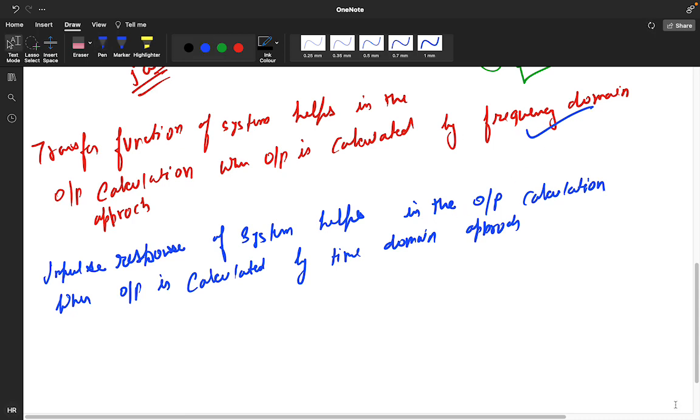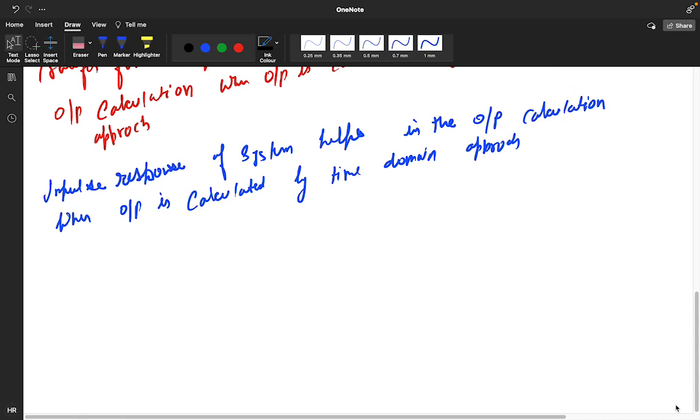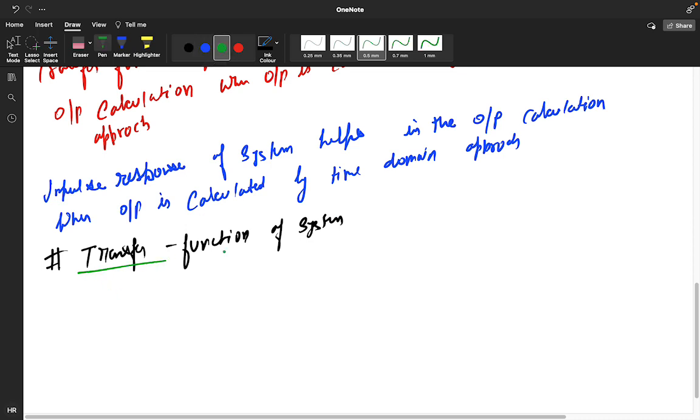Now, what is the meaning of a transfer function? What is the meaning of the transfer function of the system?